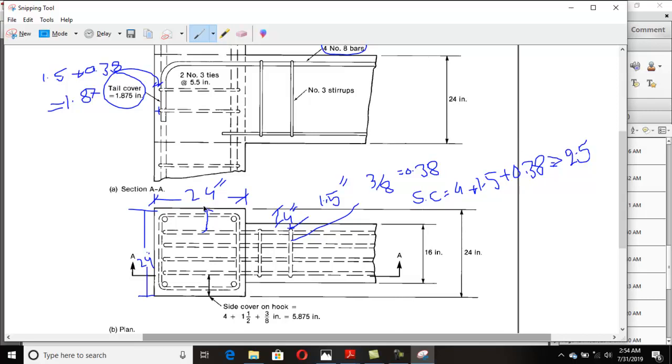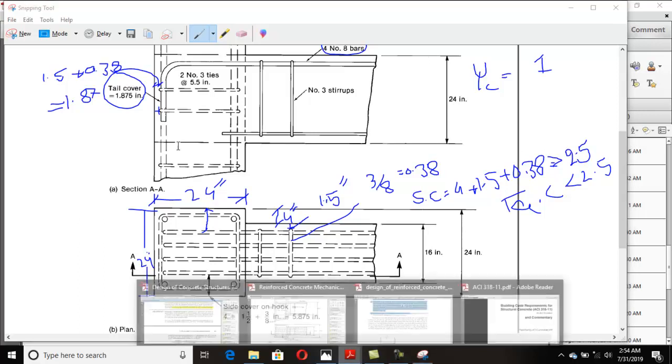Side cover is greater than 2.5, but tail cover is less than 2.5. This is the problem. So if we want to select the psi c factor, when both are greater than 2.5, your psi c factor will be 0.7. But if either one is less than 2.5, the psi c factor will be 1. That is clear from Nilson.